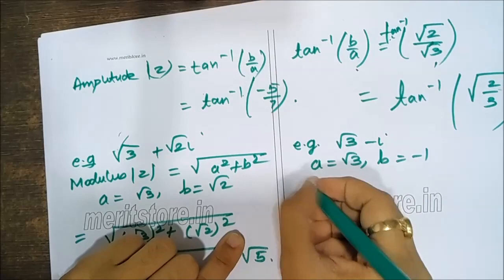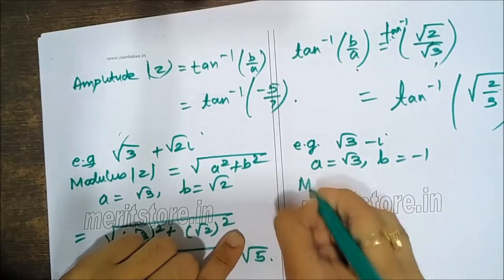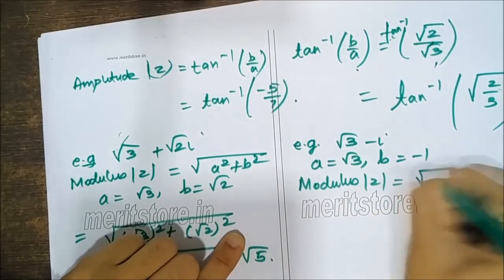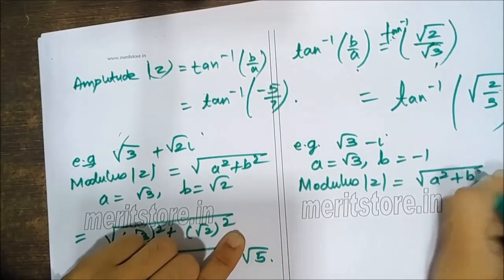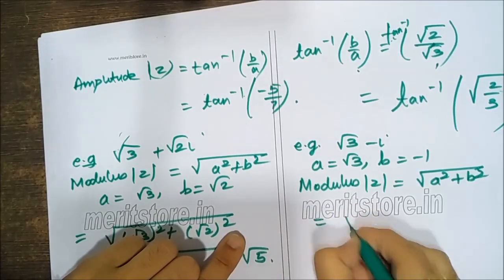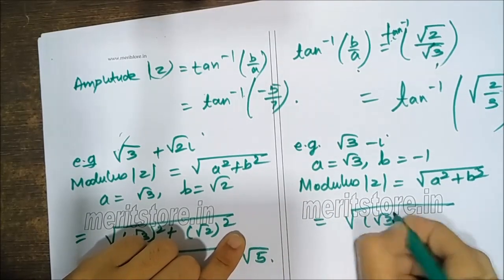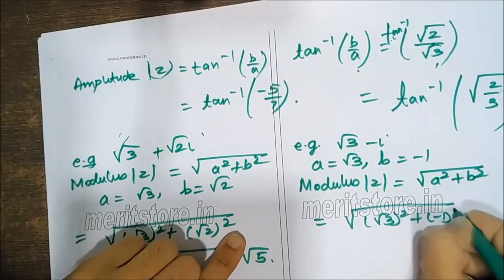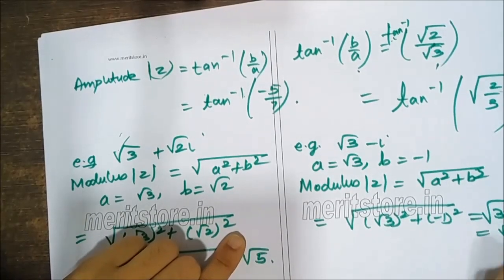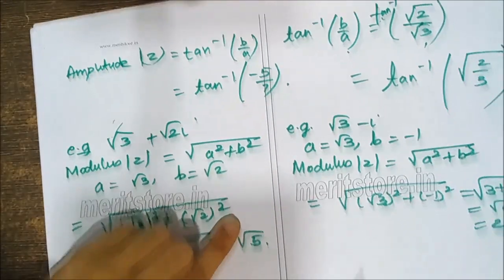So modulus of z is equal to root of a square plus b square. Next, you are putting the values for it. So root 3 the whole square plus minus 1 the whole square, that is 3 plus 1, root of 4, that is equal to 2.